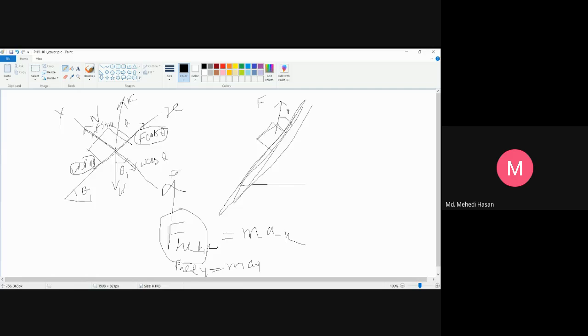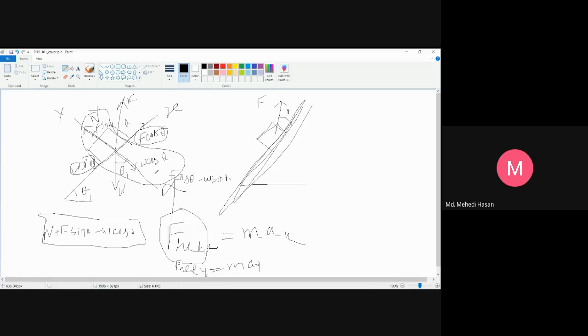So F cos theta minus W sin theta, and for the net force along the y-axis, three forces are involved. We can say N plus F sin theta minus W cos theta. So this is the net force along the y-axis.